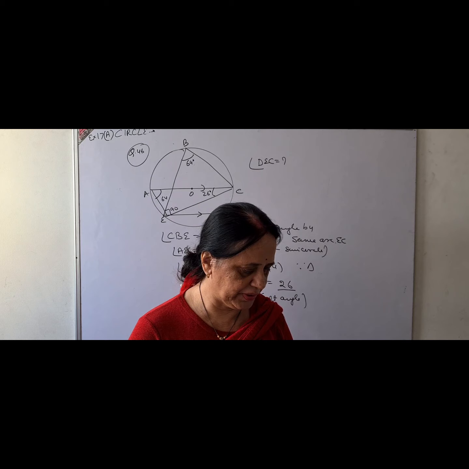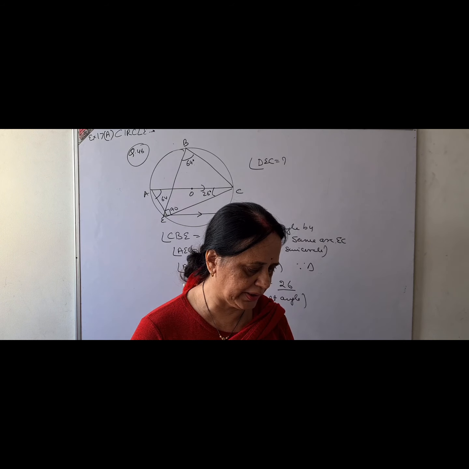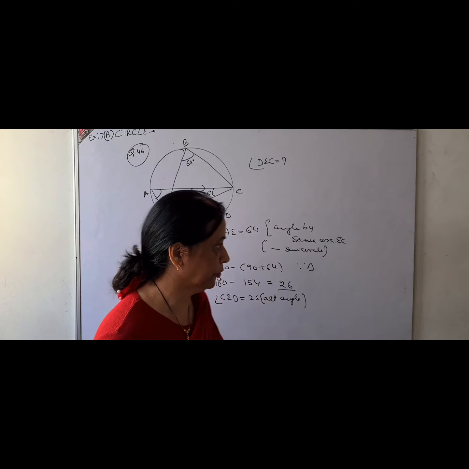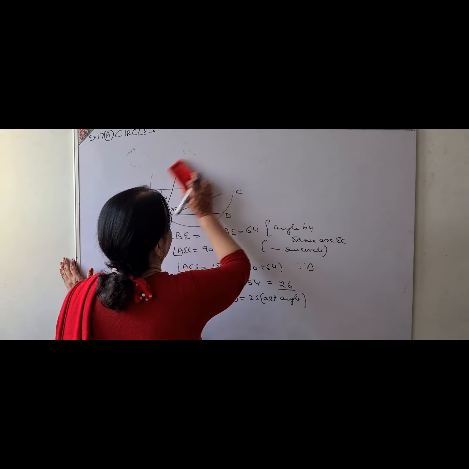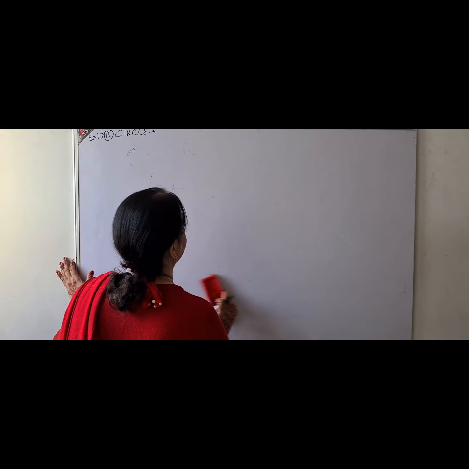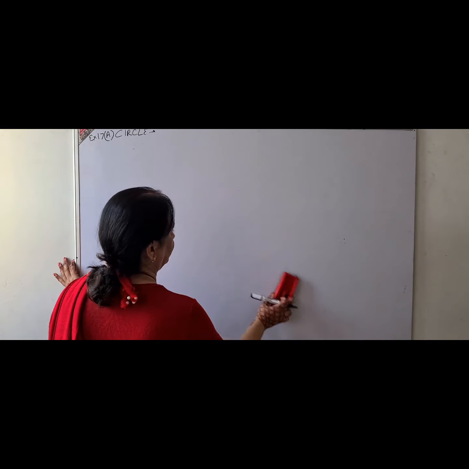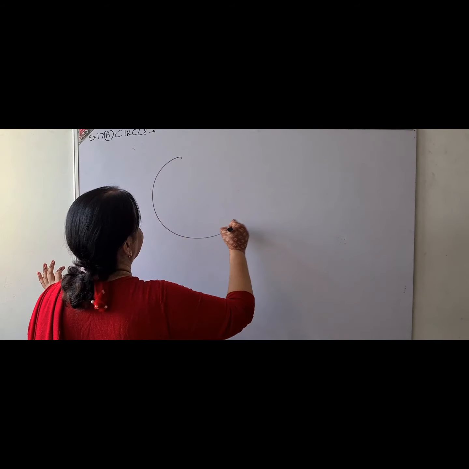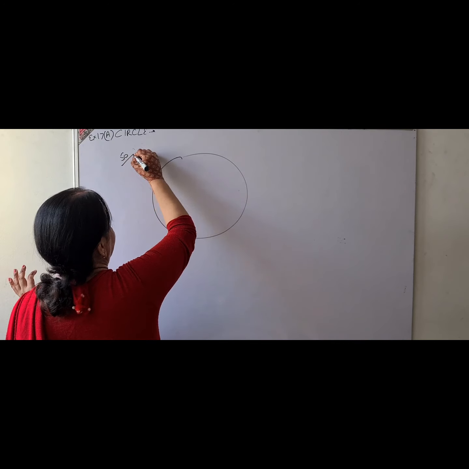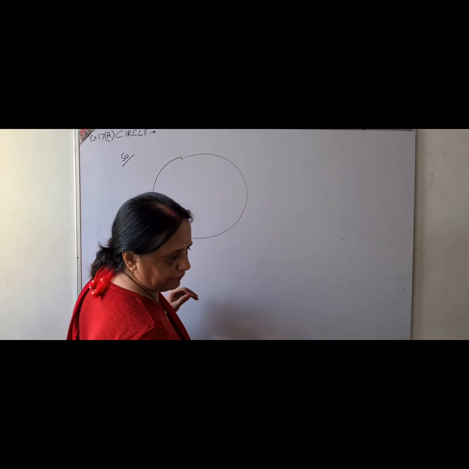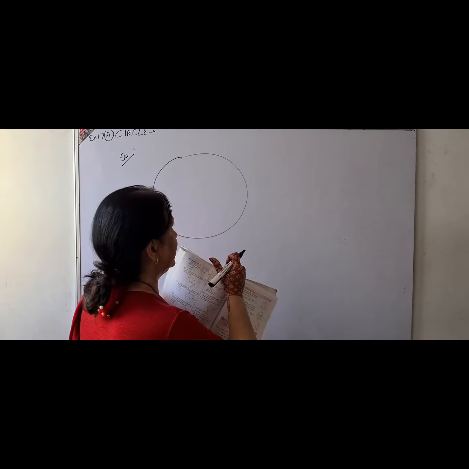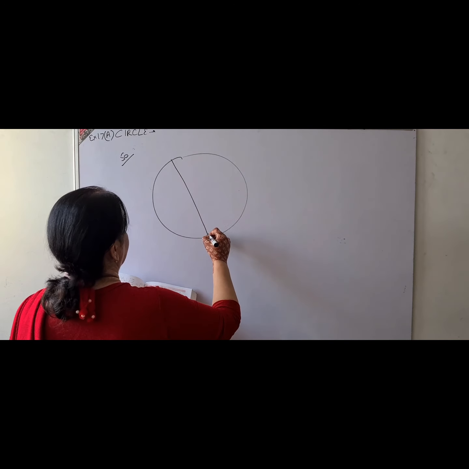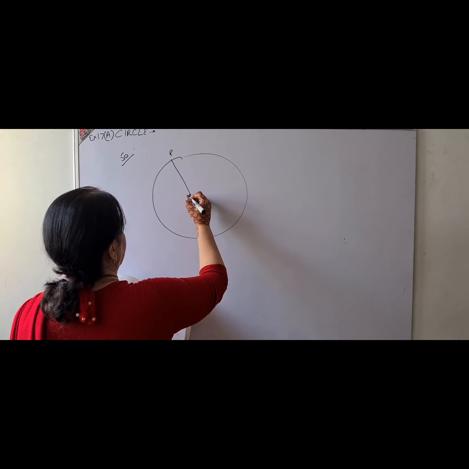Then question number 50. In the given figure, PQ is the diameter of the circle whose center is O. Question number 50. You have to take the book nicely.